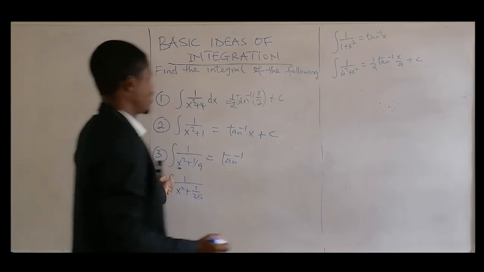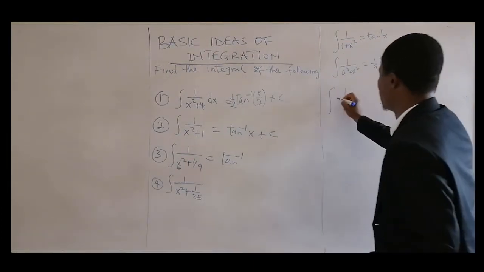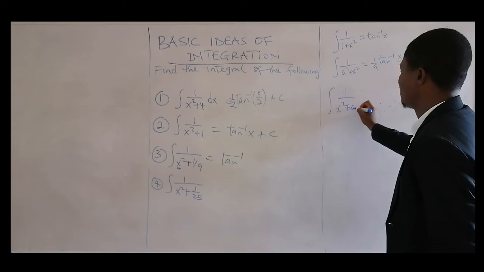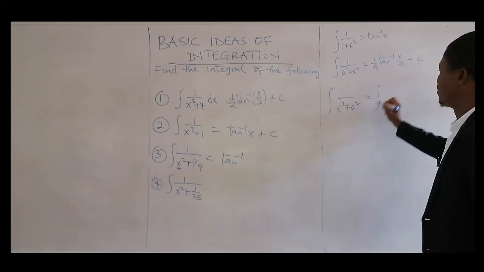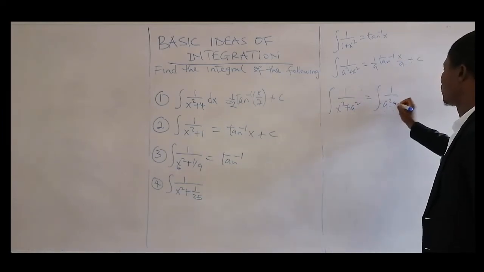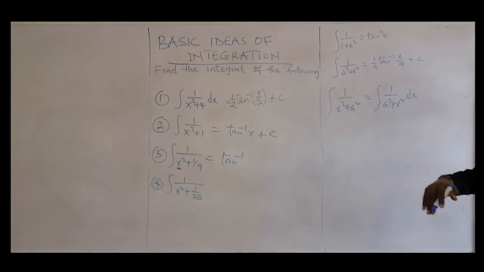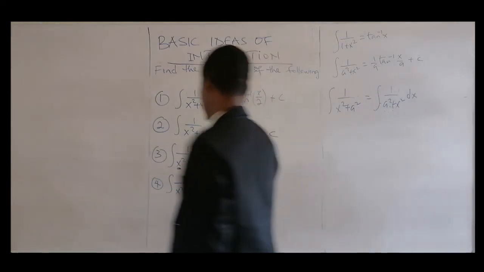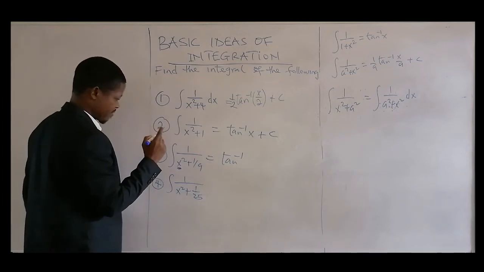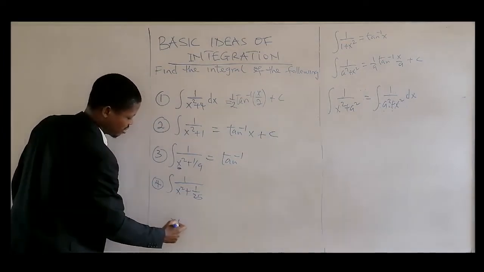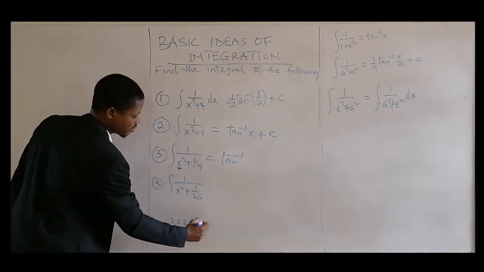It doesn't matter whether you have 1 over x squared plus a squared or a squared plus x squared, they are the same thing. It doesn't matter whether you have a before the x or x before the a, just like addition: 3 plus 2 is the same thing as 2 plus 3.